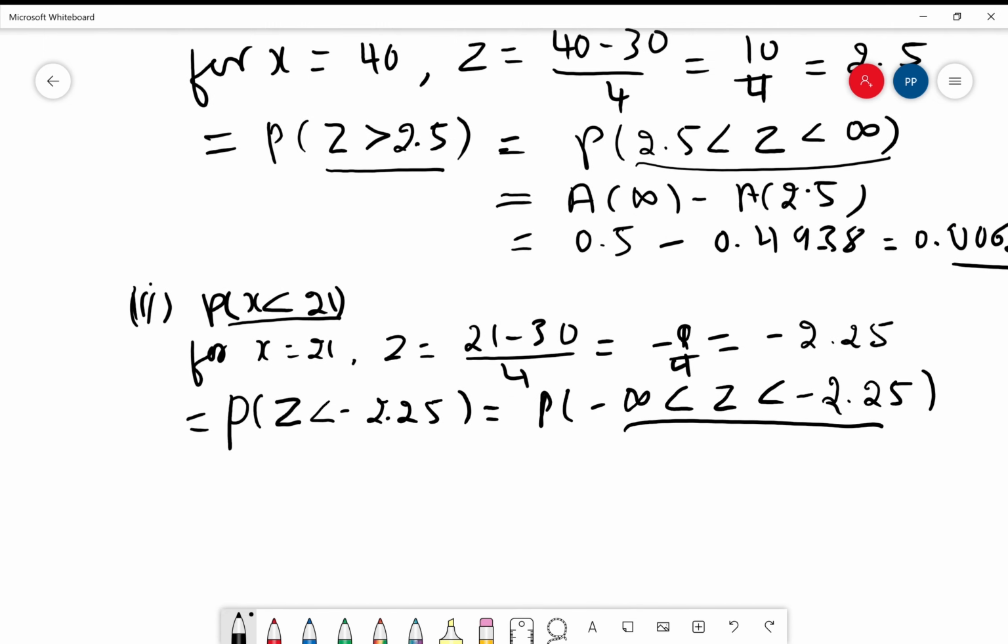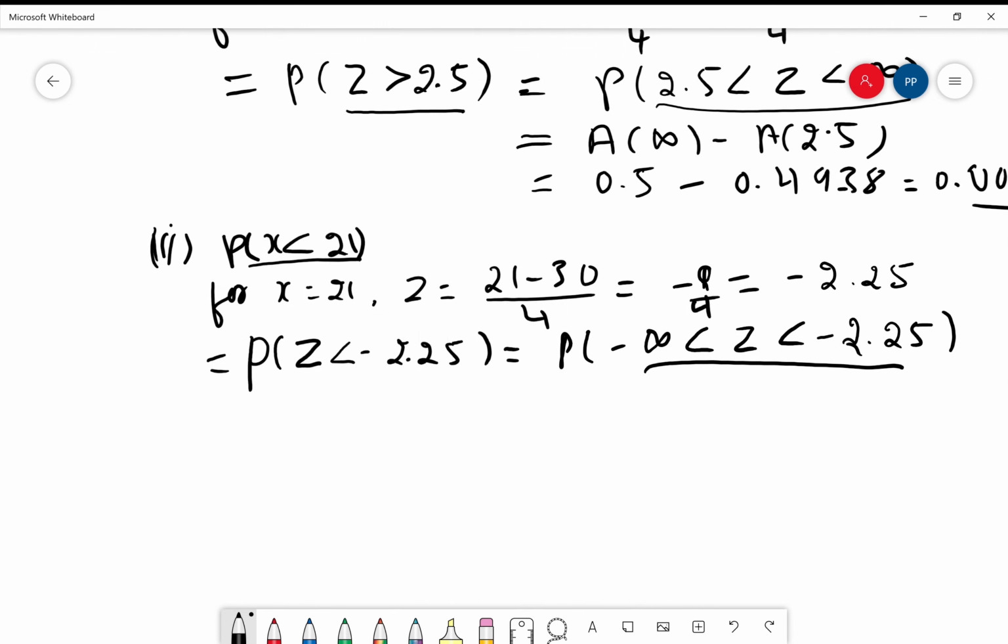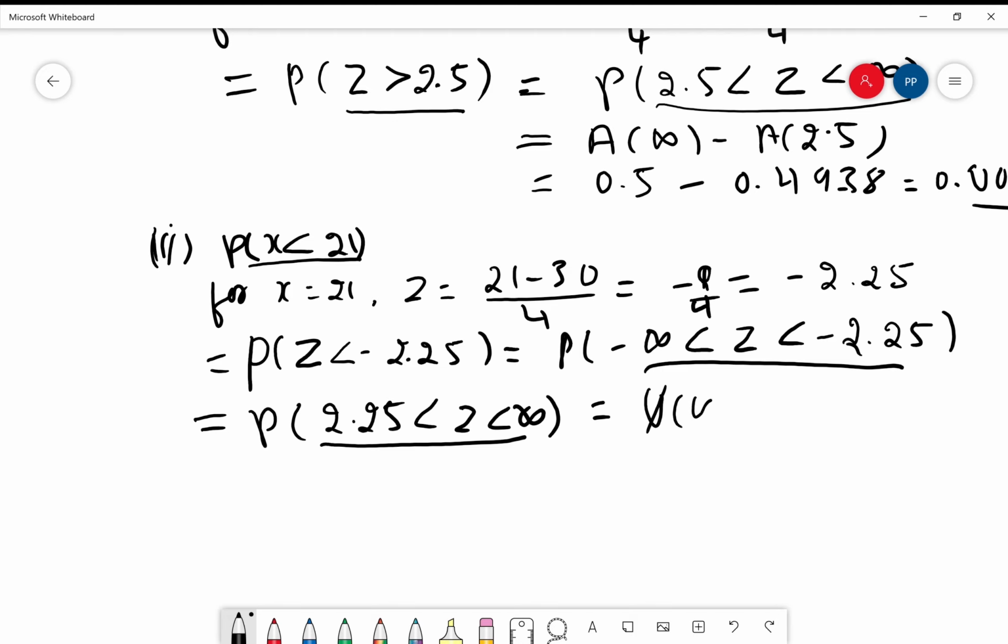Now we have to change it to a probability over a positive interval. So this can be written as P of 2.25 less than z less than infinity. Once it is converted into a probability over a positive interval, using the result you can write phi of upper limit, that is phi of infinity, minus phi of lower limit, which is 2.25.